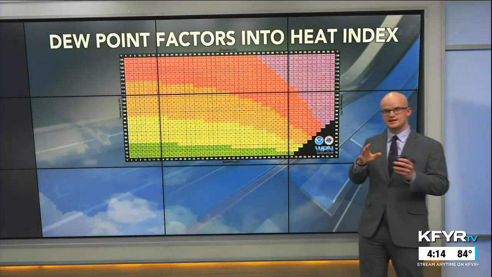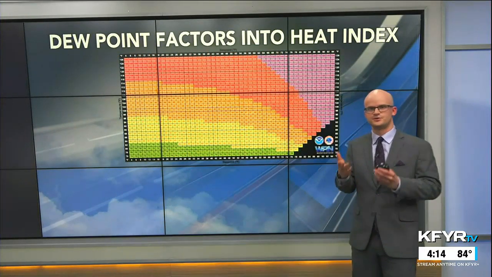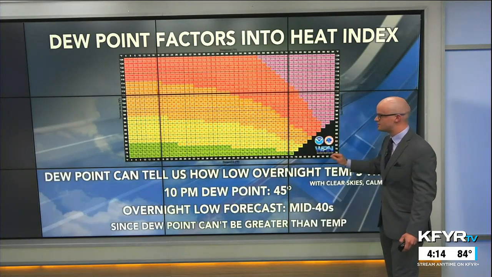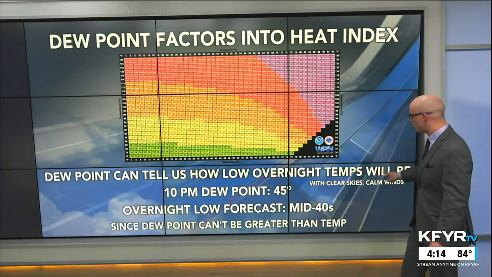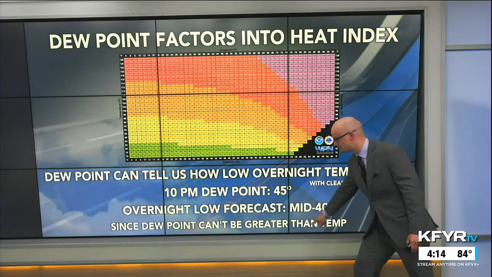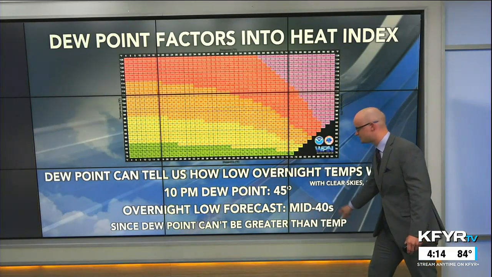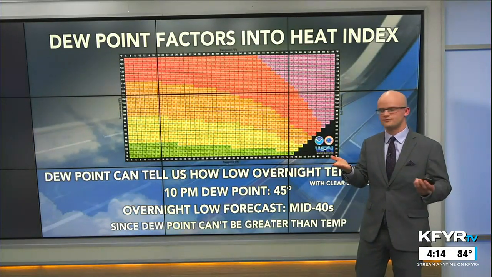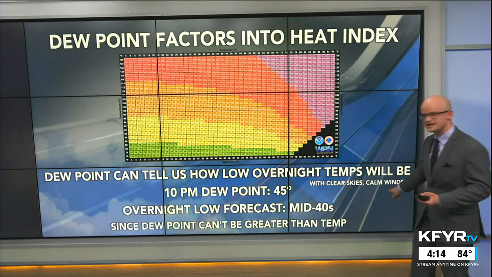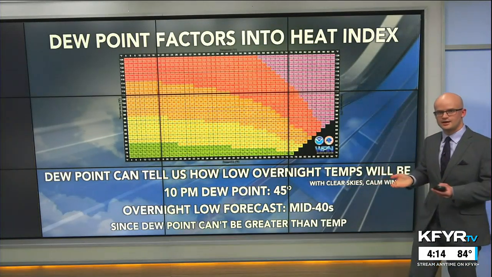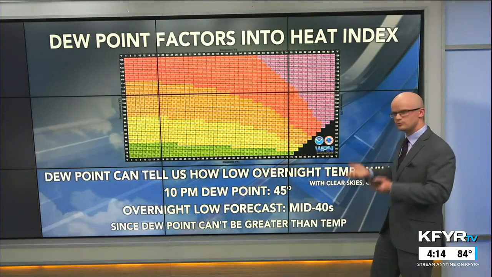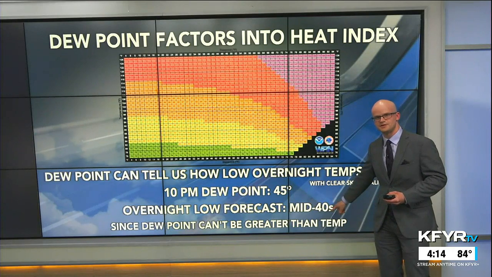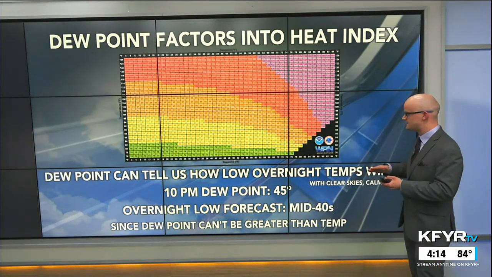Whereas dew point, like we said, that scale that we show you a lot of times, is very useful to determine how muggy it is outside, also factors into our heat index, and the dew point can tell us how low overnight temperatures will be because of the principle that dew point can't be greater than temperature. So if we have, let's say, a 10 p.m. dew point of 45 degrees and we're trying to forecast the overnight low temperature, with clear skies and calm winds, meaning there's good radiational cooling, our heat will escape out into space very efficiently, we can say our overnight low forecast will be in the mid-40s because that dew point cannot be greater than our temperature.